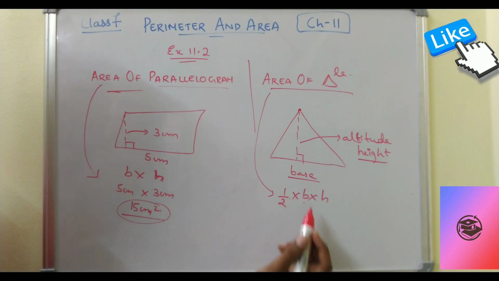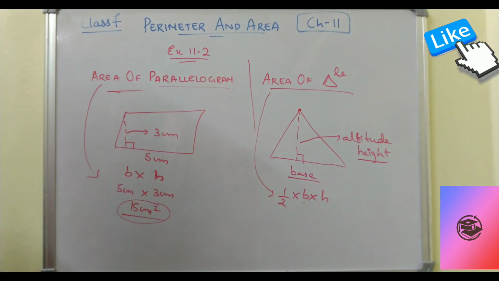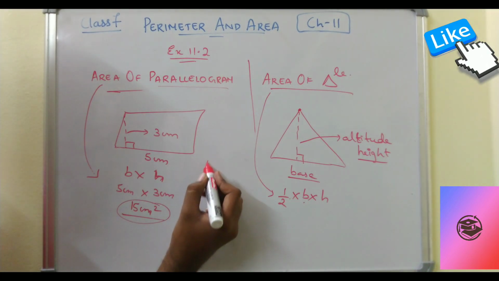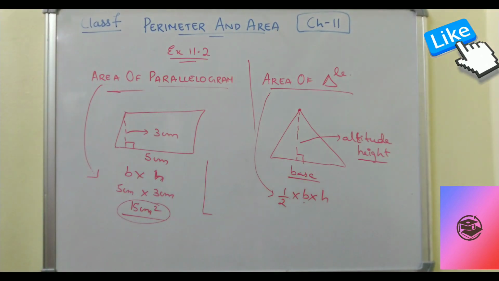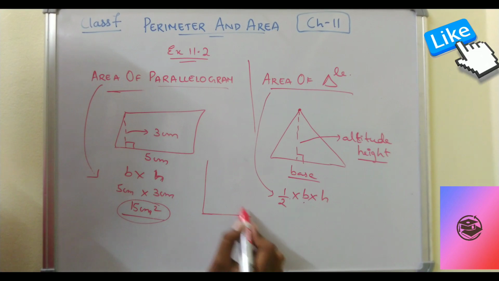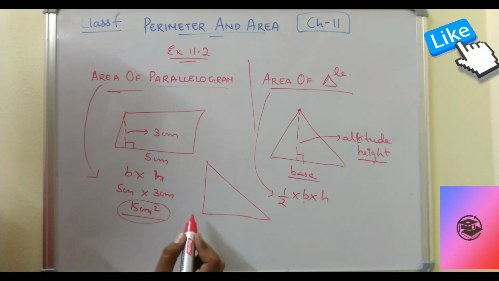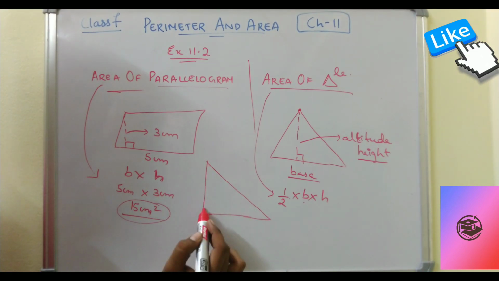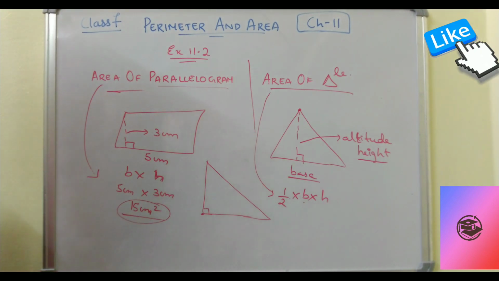Suppose I draw a right angle triangle. This is a 90 degree angle. Suppose I take this as a base. What will be the height?